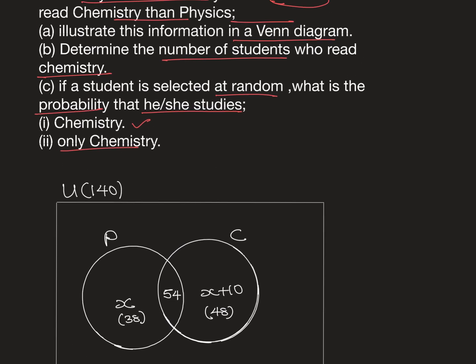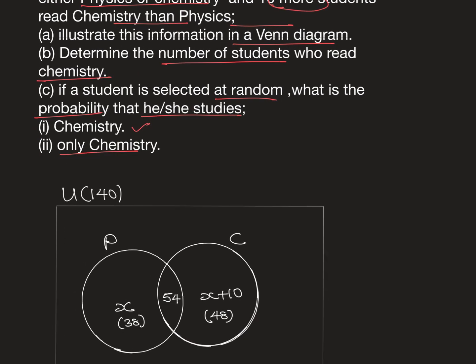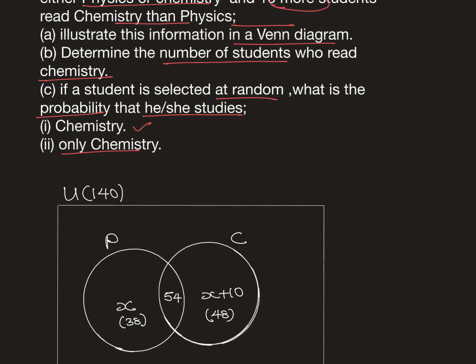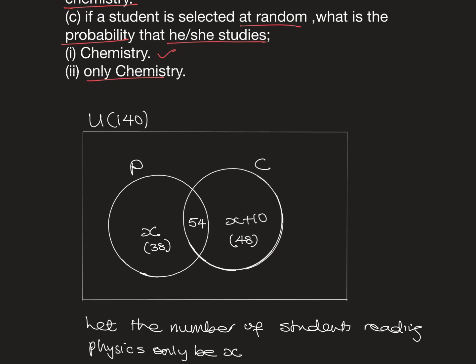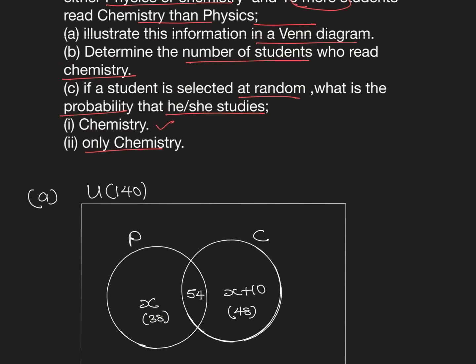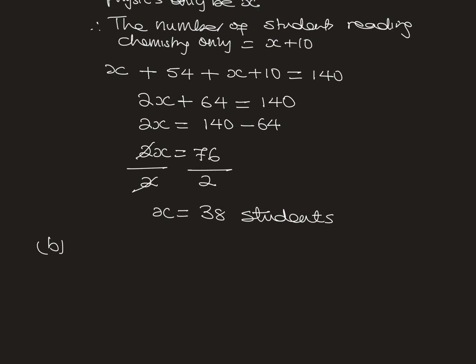Then going to the question, okay, that is question B, determine the number of students who read chemistry. Okay, so this is A. B, we want to determine the number of students studying chemistry.